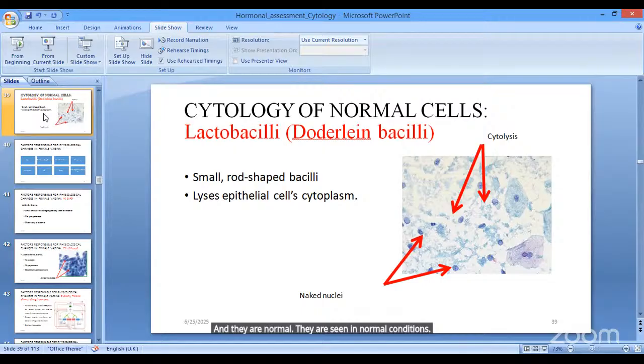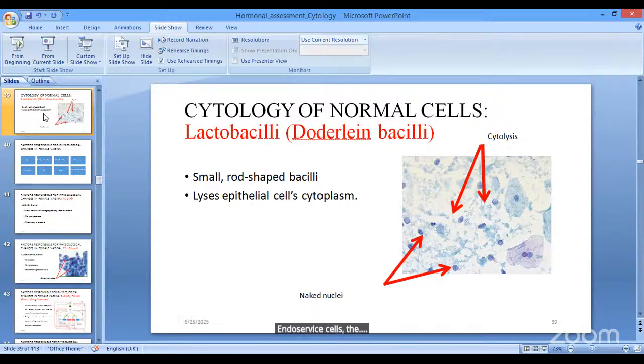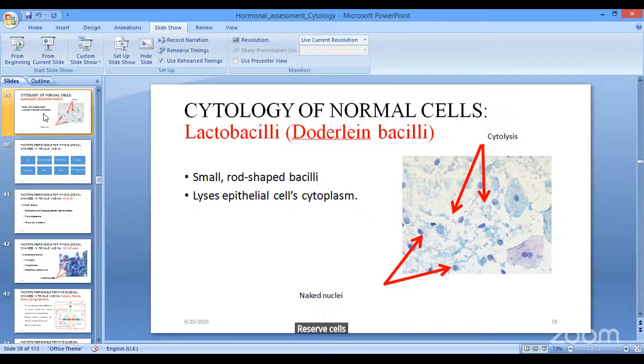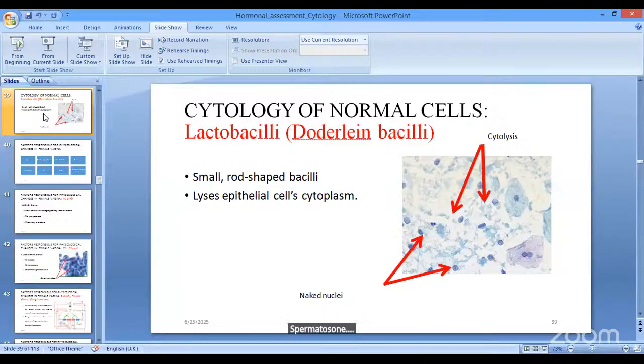The superficial cells, the intermediate cells, the endocervical cells, the Arias-Stella reaction cells, the hypersecretory endocervical cells, reserve cells, parabasal cells, the exodus, which are endometrial cells, then spermatozoa, if your patient doesn't listen to the instruction, and now the common ones like Doderlein bacilli. They are normal conditions.